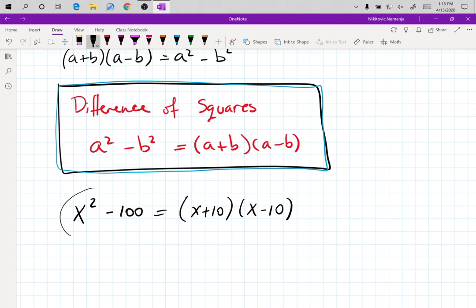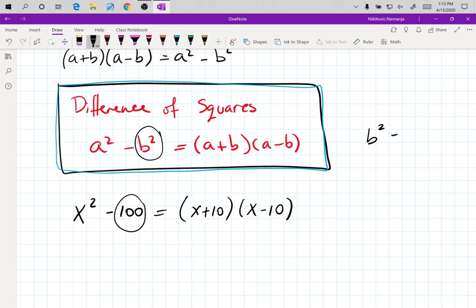Because the square root of x squared is x. If you take a look here, this is a and this is a. This x has a square, so you write one without that square. It's that simple. Then b squared, not negative b squared, is 100.